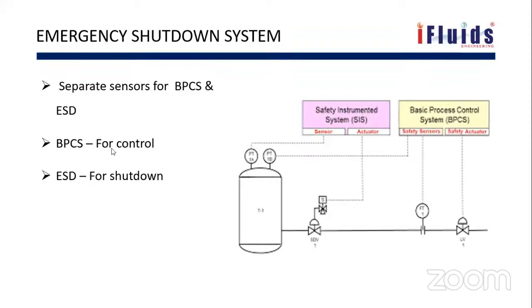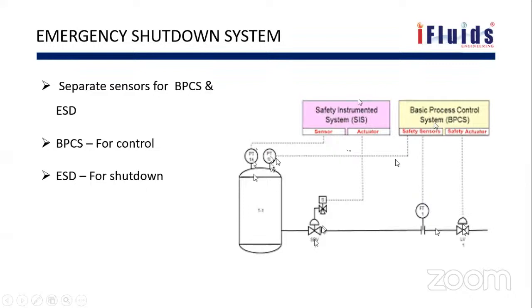ESD, the emergency shutdown system. You see a vessel here, a valve here, and a valve here. You have two PTs. One is connected to the basic process control system. The other is connected to the emergency system. Normally, for normal operation, we'll be operating this PT.